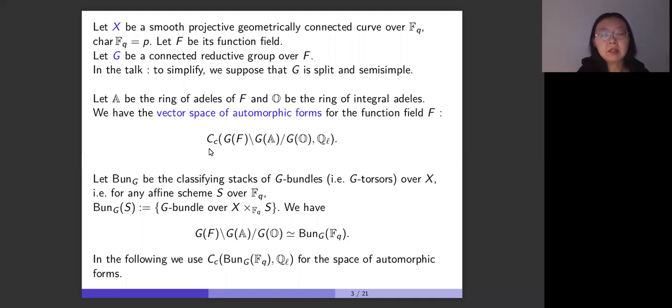So here we have the space of automorphic forms. Let A be the ring of adeles of the function field, and O the ring of integral adeles.